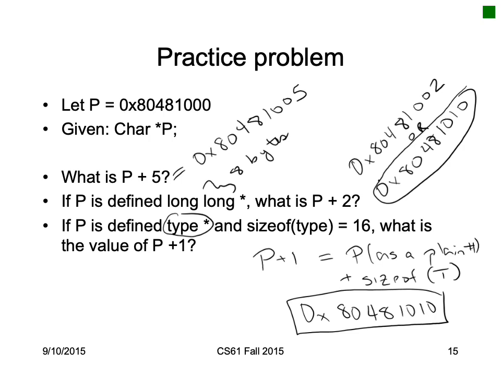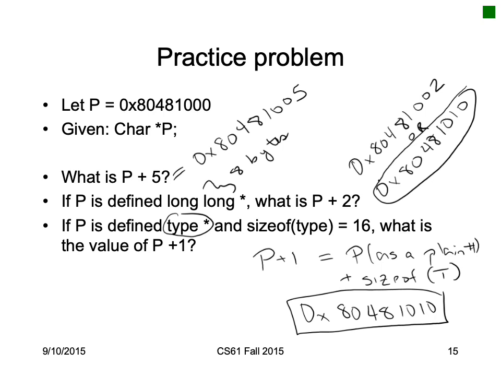So if p is defined to be a pointer to some generic type, and the size of that type is 16, then what's the value of p plus 1?